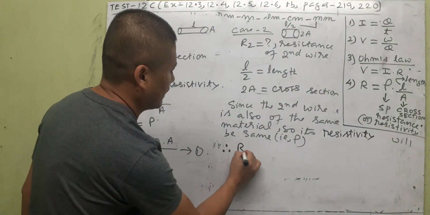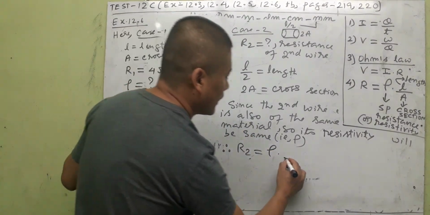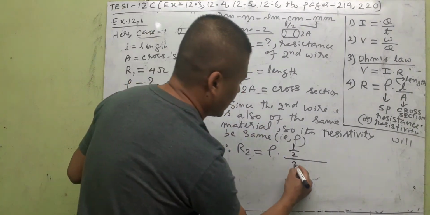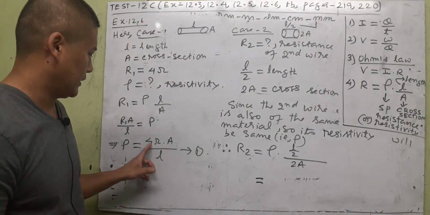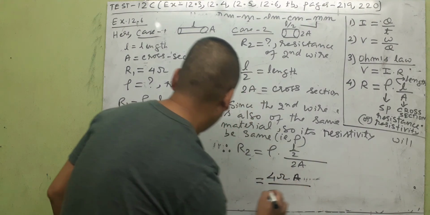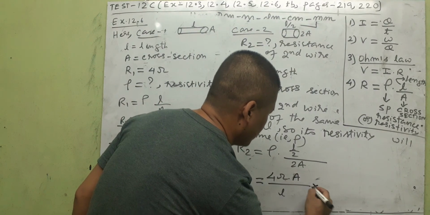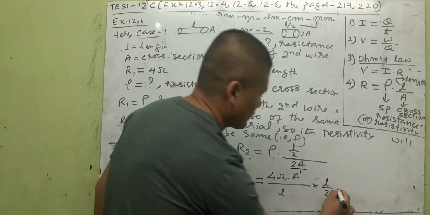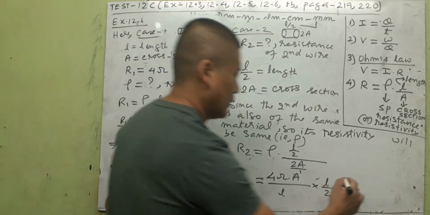Therefore, applying the formula, R2 equals rho, the same rho because it's the same material, into the length of the wire, this time not L but L by 2 on the numerator, and A is 2A, we put like this. Then we can write here rho as 4 ohms into A divided by L. Into 2A by 1 means 1 will go up, 2A will come down.